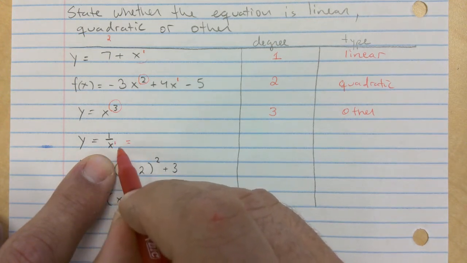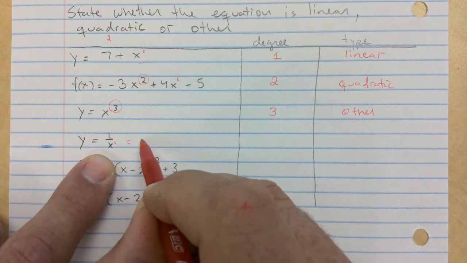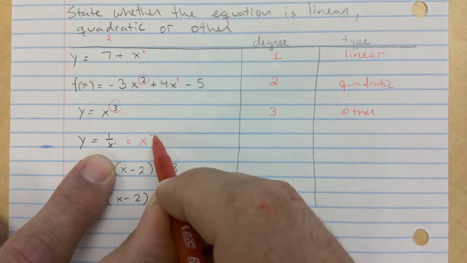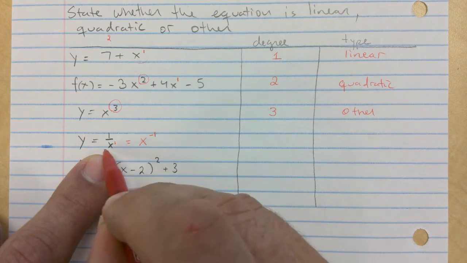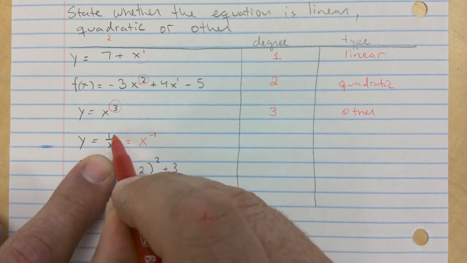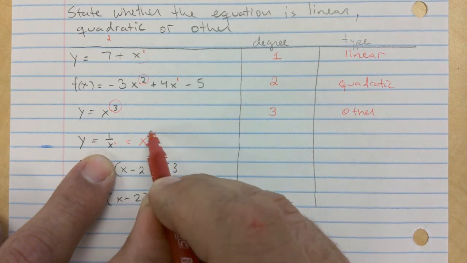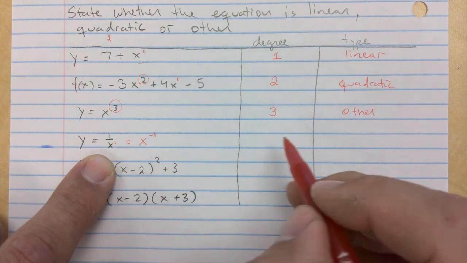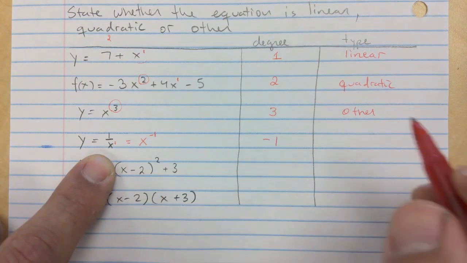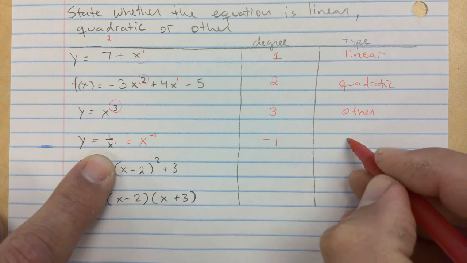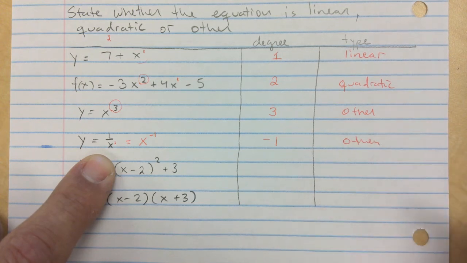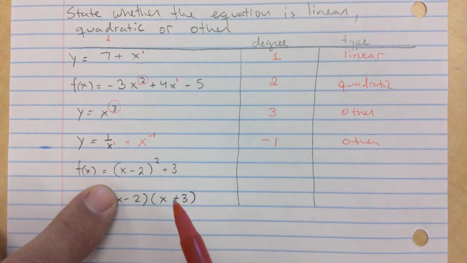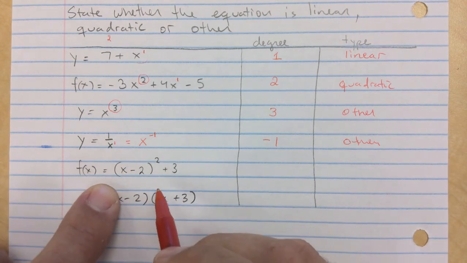Technically, if you bring the denominator up to the numerator, the exponent sign changes. So technically this has a -1 degree, and this should just be other. We don't really worry about these two in general.